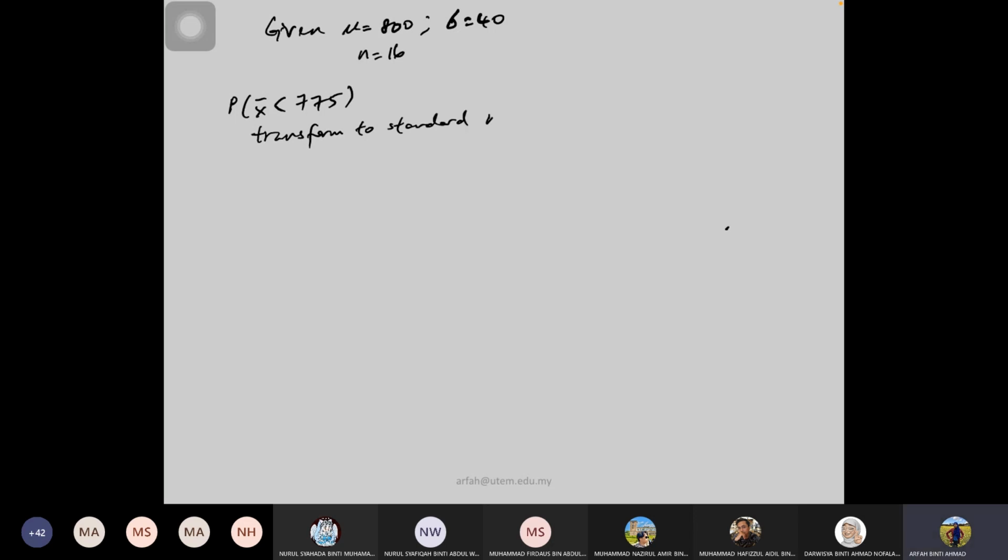Standard normal dengan transformation menggunakan z sama dengan x bar minus mu divided by sigma over square root of n. So, ianya akan sama dengan probability of z less than 775 tolak 800 dibahagi dengan 40 per square root of 16. So, cuba kira dan tengok dekat table of standard normal. Berapa jawapan?